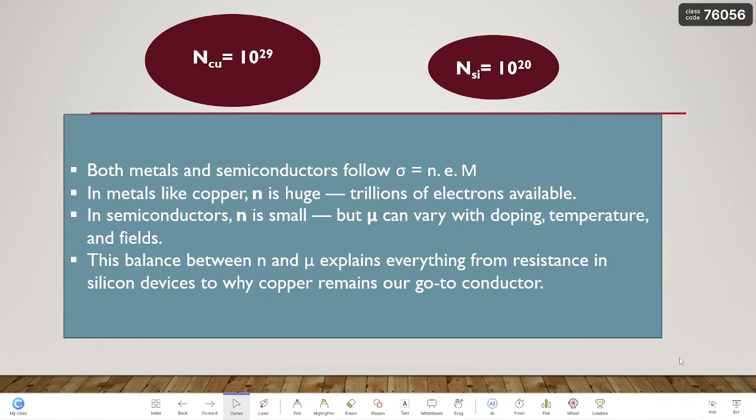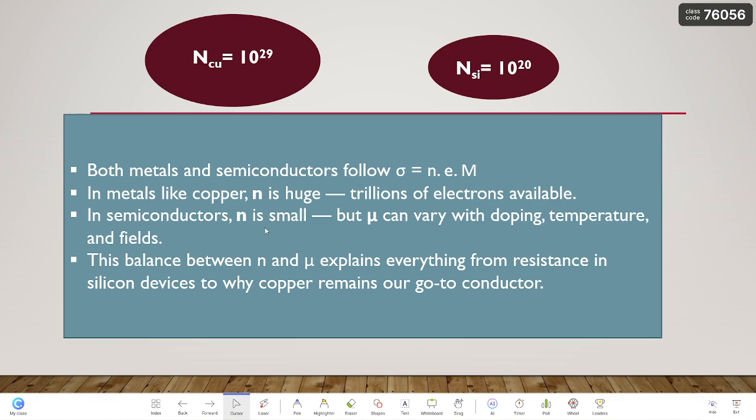So what we have learned in today's video: both metals and semiconductors follow the same equation to find conductivity. Sorry, the mu is changed to m. You can correct it by yourself. In metals like copper, the free electrons are huge.